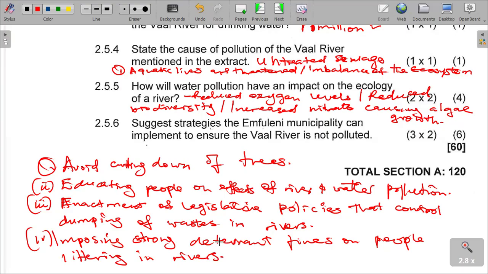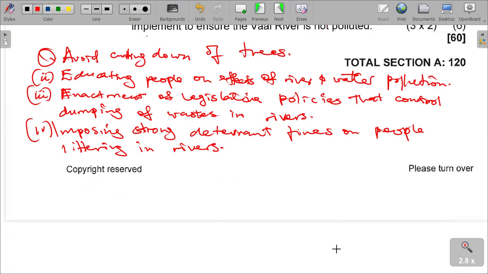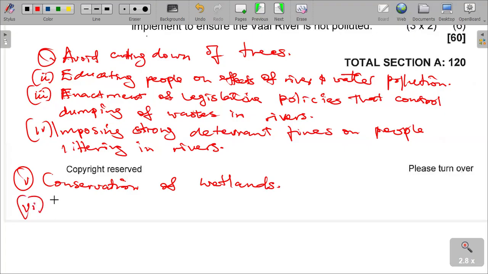Last but not least, it can also to do with conservation of wetlands, proper management of wetlands. Conservation of wetlands is quite a good way in this regard.